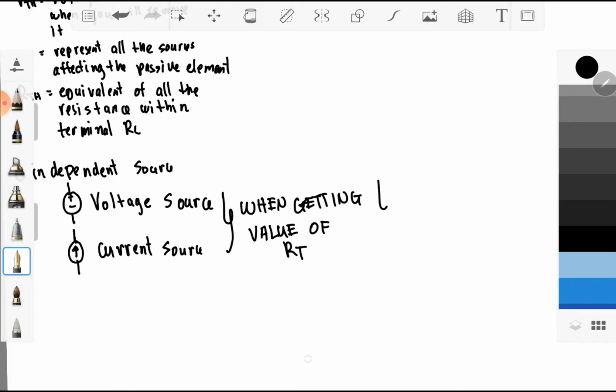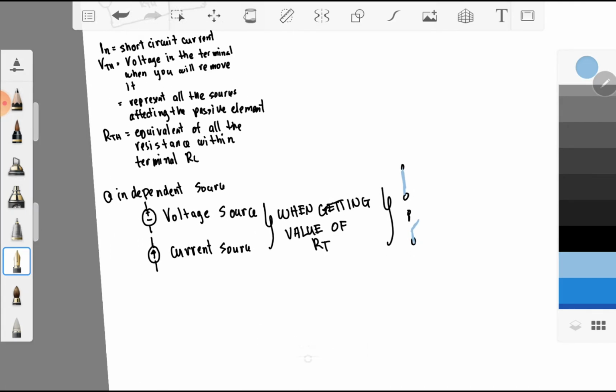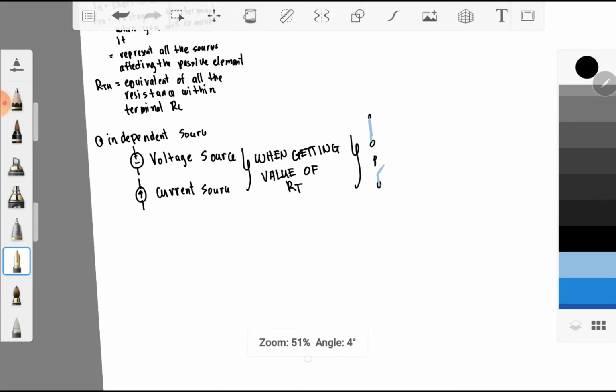So magiging ganito siya. Shorted. So if this is my terminal, so magiging shorted lang yung voltage source natin, and then yung current source natin ay mag-open lang siya. Okay? If these are independent sources, this is for your case 1.